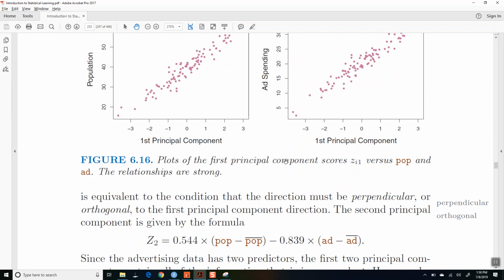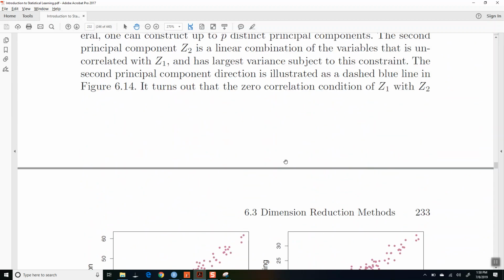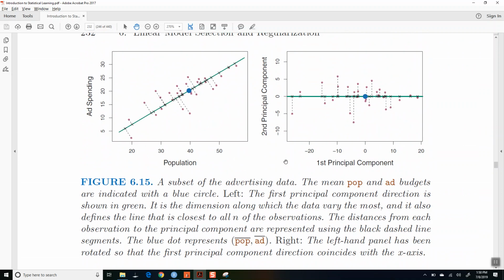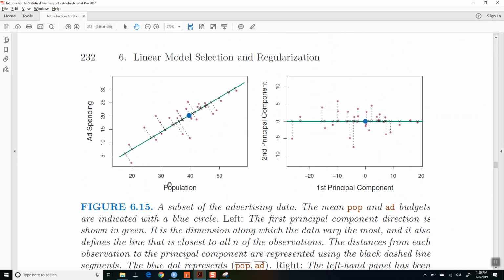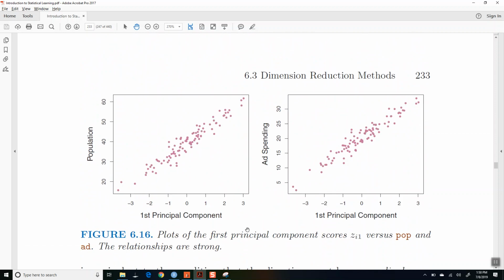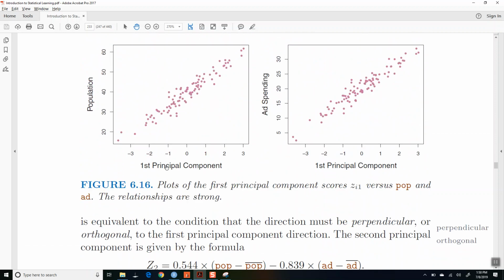And if you do it right, then a lot of times, so here we're trying to find a relationship between population and ad spending. Here you can just do regression on just one of the principal components. You can do population versus the first principal component, or ad spending on the first principal component, and you end up getting kind of these similar graphs.